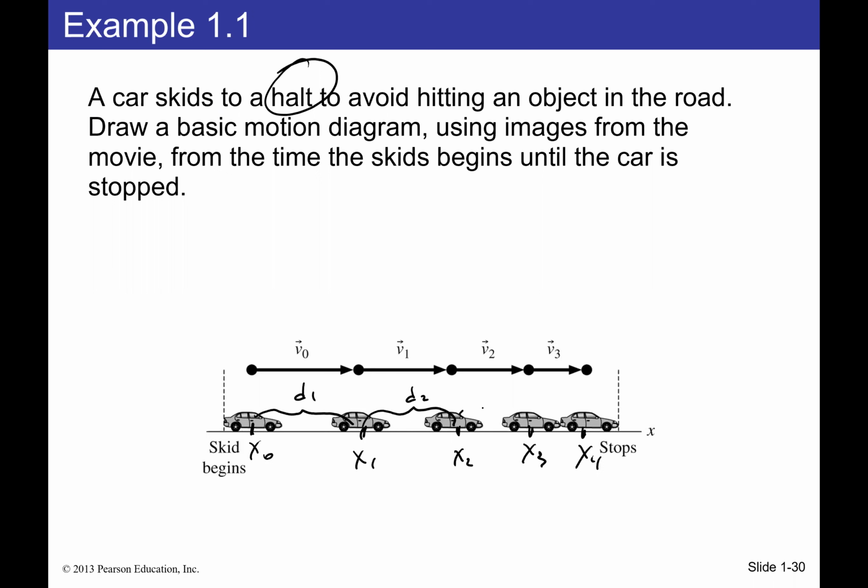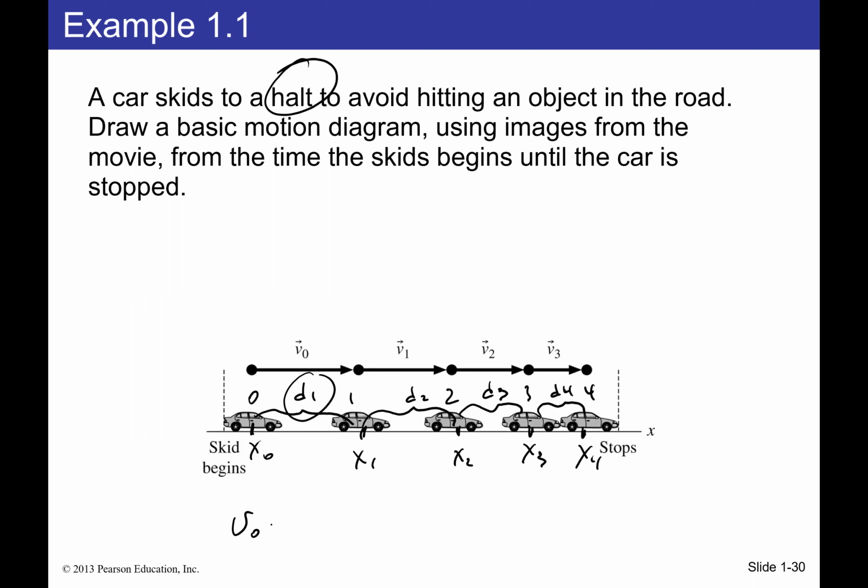This is D3, and this is D4. Remember, 0, 1, 2, 3, 4 are the time intervals. So if I'm looking at this D1, D1 represents the velocity, or the speed, during that time interval.